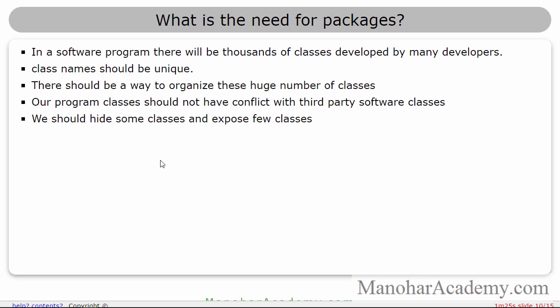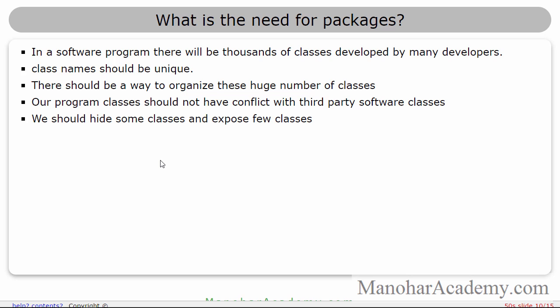Okay, before that, let's try to understand what is the need for packages. In software, we are going to write thousands and thousands of classes, and these classes will be developed by different developers. Also, they will be developing these things under different modules. So in a big application, there will be many modules, and many programmers will be working on each module.